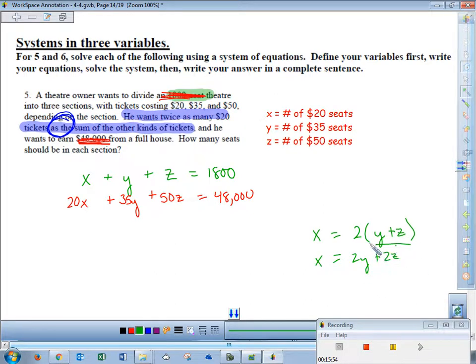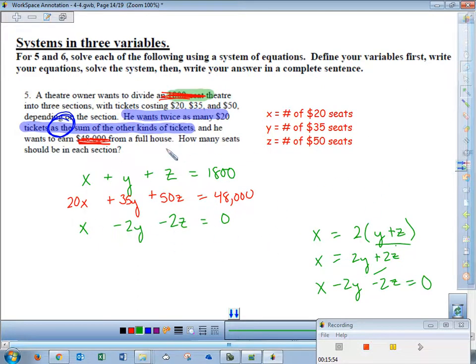And then you got to get the x over here, the y over here, and the z over here, so you subtract all these over. So x minus 2y minus 2z equals, all of this stuff is gone, so nothing right there. So you've got x minus 2y minus 2z equals 0.